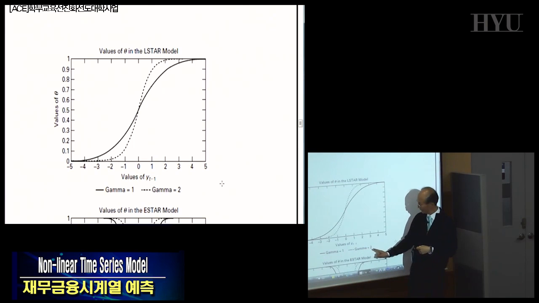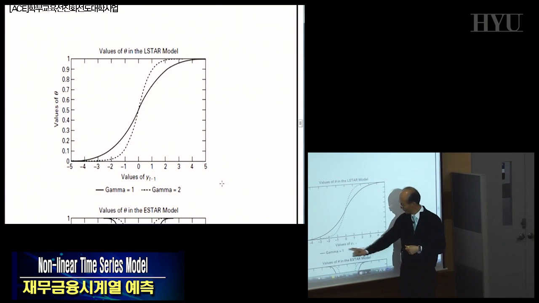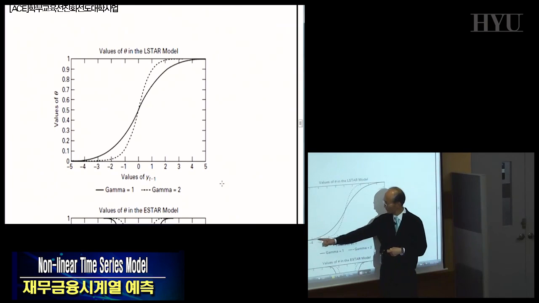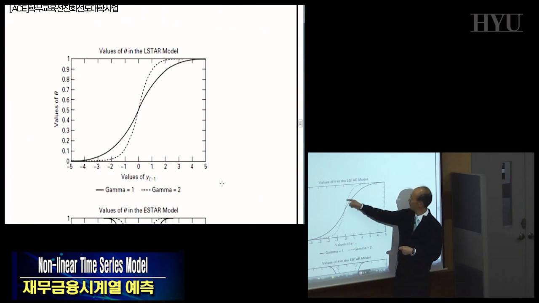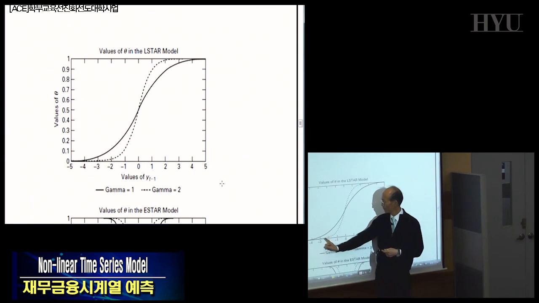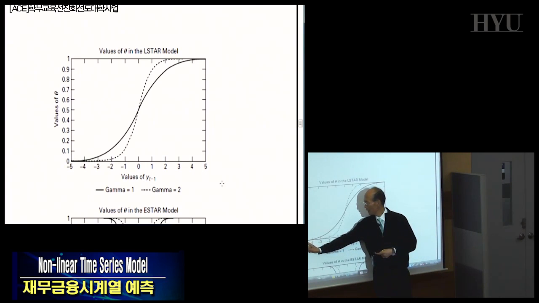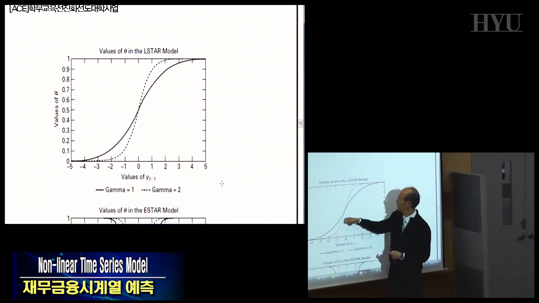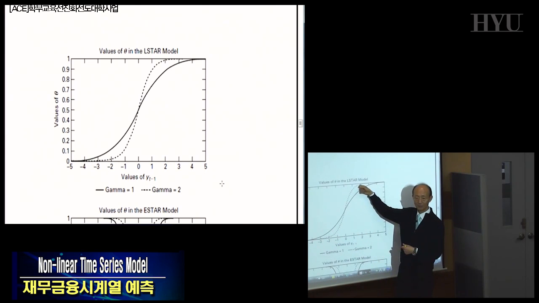If gamma is bigger, then the curve is steeper like this one. So if the value lies there, f hardly changes, but then suddenly increases.